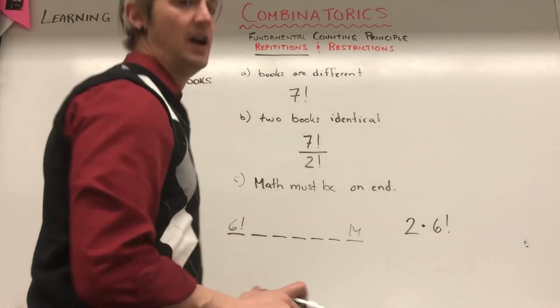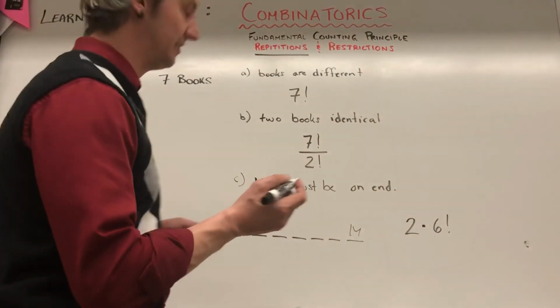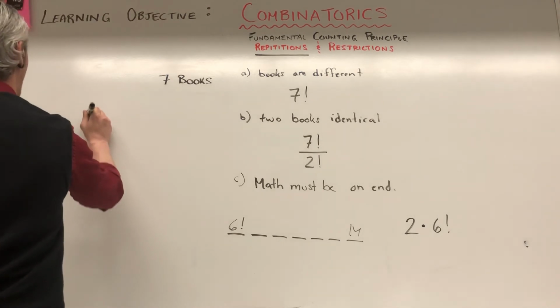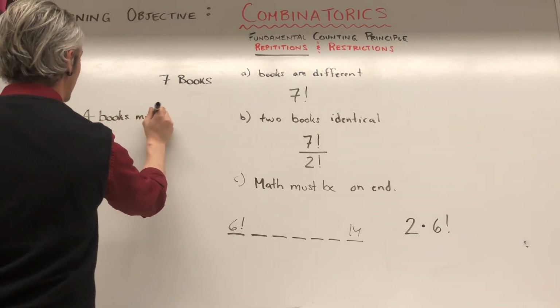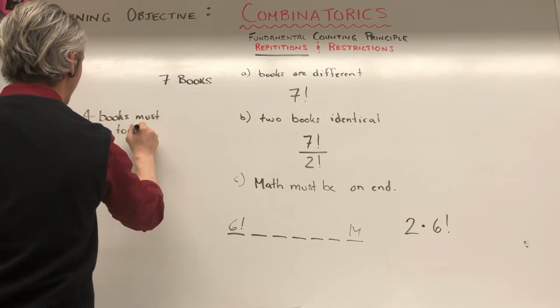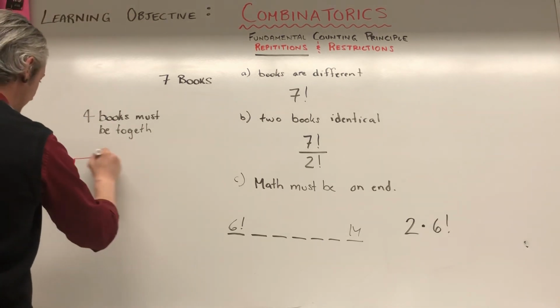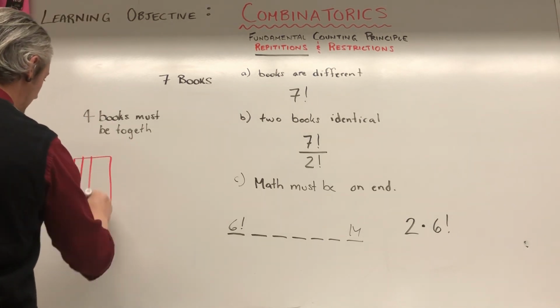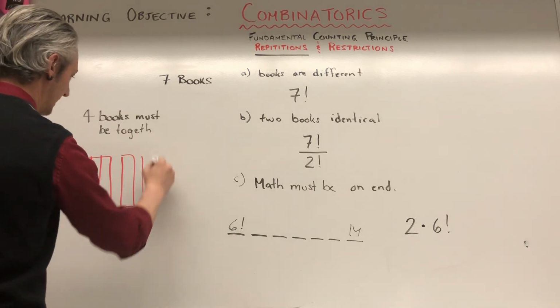Okay, and then finally they're going to give me the curveball here. The books are different, and 4 particular books must be together. So now they're saying 4 books must be together. So they're giving us a scenario where I have 4 books that have to be together, and then I have another 3 books.